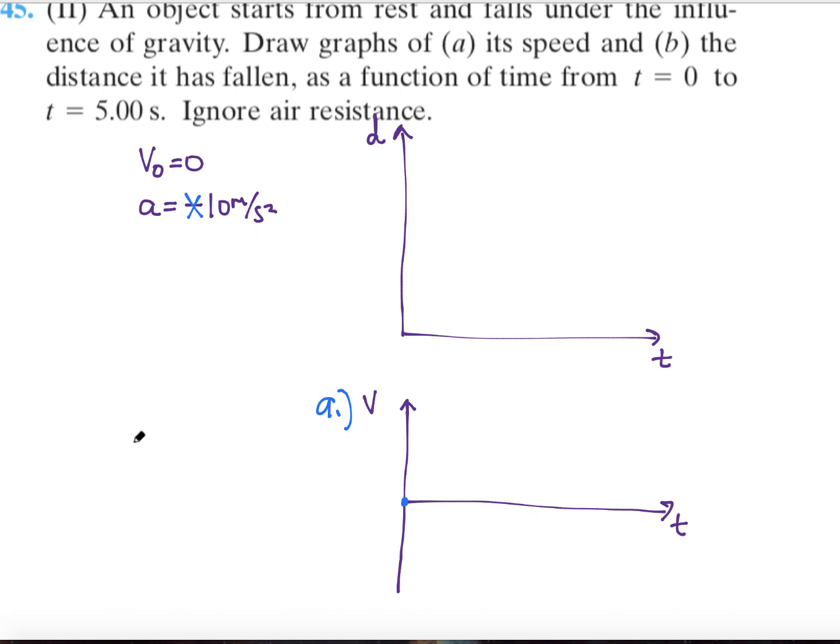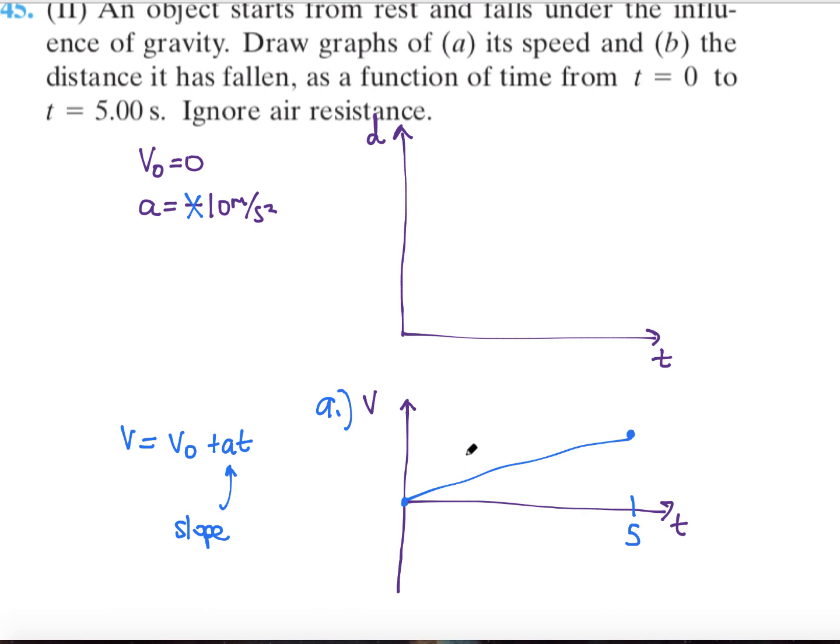So if you remember, one of our equations is v equals v naught plus at. Because this a right here actually represents our slope. So if our a is equal to 10, that means my graph of velocity, or in this case speed, is actually going to be the same equation.